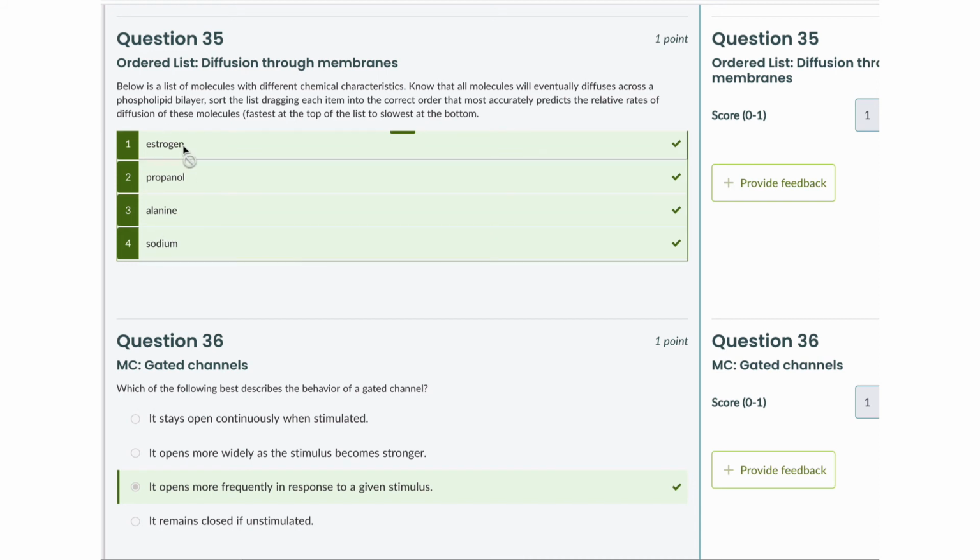And so here we have a steroid, so it's lipid soluble. That will move through more quickly than the others. We have a non-polar molecule like propanol. We have an amino acid, and then we have a charged ion. Right? So the fastest would be the steroid, the slowest would be the charged ion like sodium or potassium or any of these hydrogen ions that we saw in the earlier question.